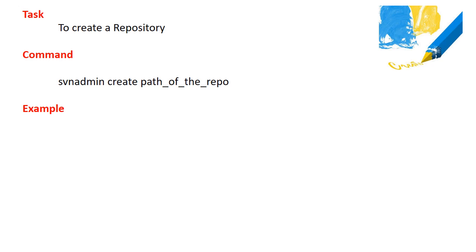Where you want to create the repository, you have to specify the path. For example, I want to create a repository called svnrepo, so I specified the path, and the command used is create through the tool svnadmin.